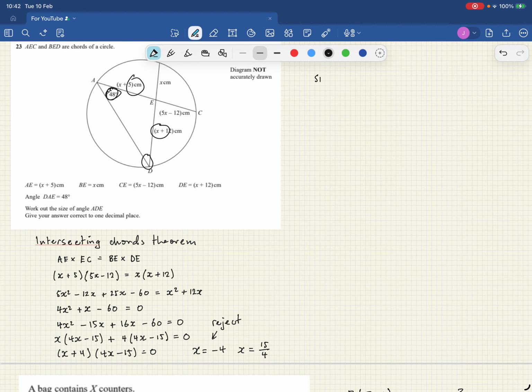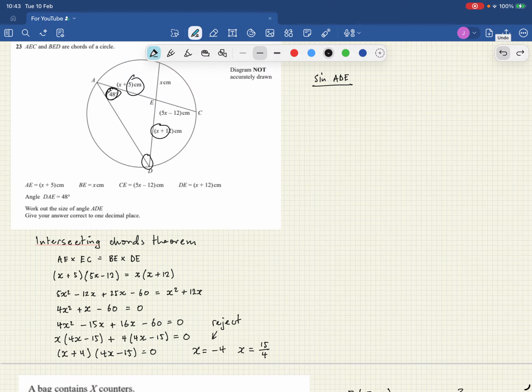So the sine of, let's say, ADE over 15 over 4 plus 5, which is 8.75, we know, but in fact maybe I'll write 8.75. It looks a bit weird to have a fraction under a fraction there.